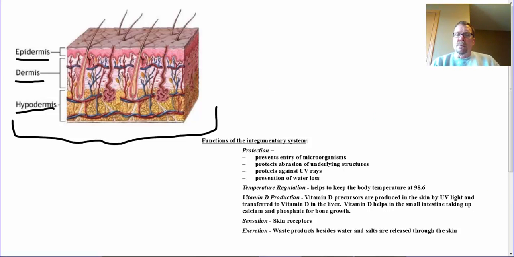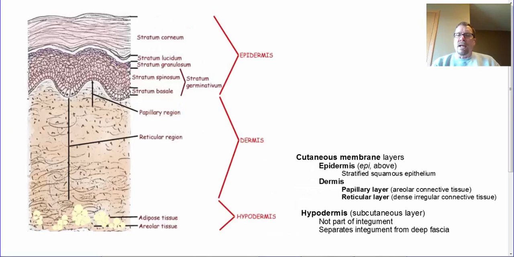Okay. What I have here, and again, this is just a blow up, taking out essentially almost the hypodermal layer, except it's right here, and you can see the areolar tissue is marked here. This is a bigger blow up that is breaking down the layers of both the epidermis and the dermis. Like you see here, in the papillary region, that is your loose areolar connective tissue, and then below it the dense irregular connective tissue.